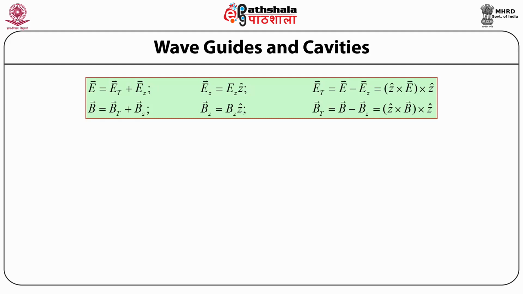Similarly, the magnetic field induction vector B is equal to the transverse component of B plus the z component of B, where the z component of the magnetic field induction is equal to Bz times the unit vector z, while the transverse component is equal to B minus the vector along the z-axis, and this is given as (unit vector z cross B) whole cross unit vector z.